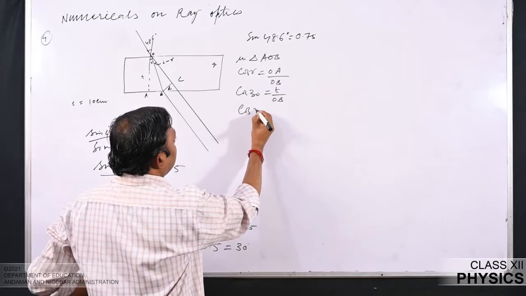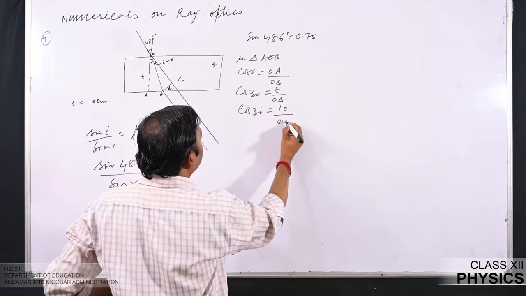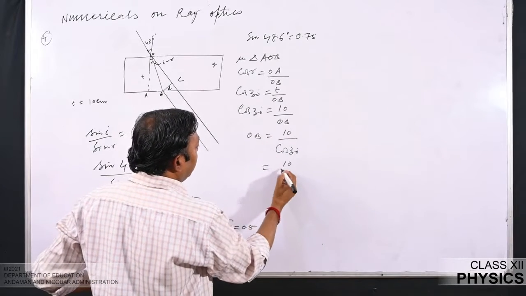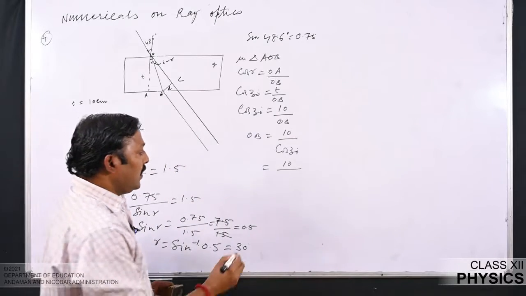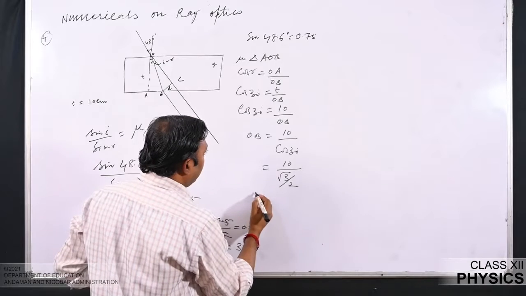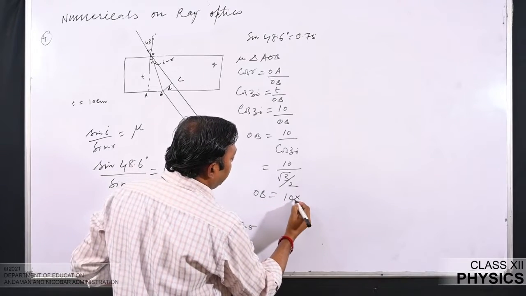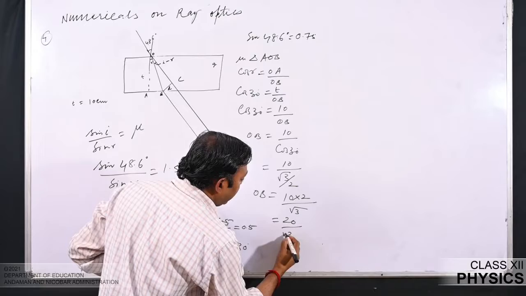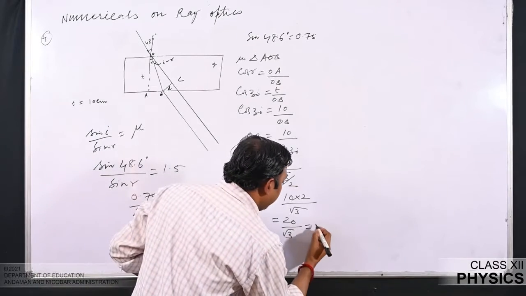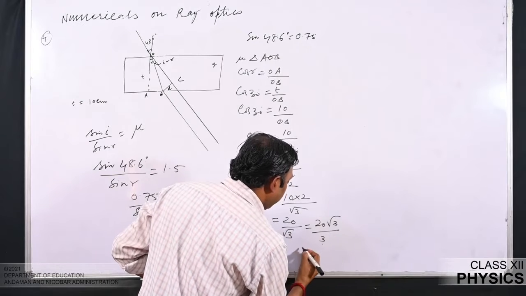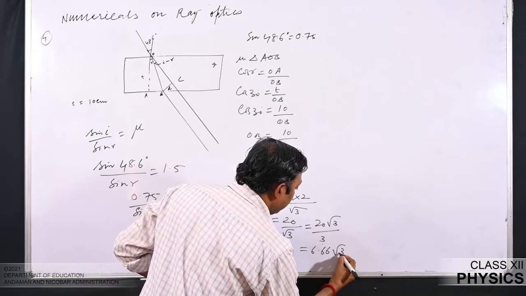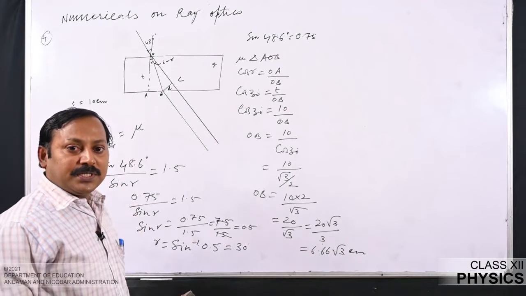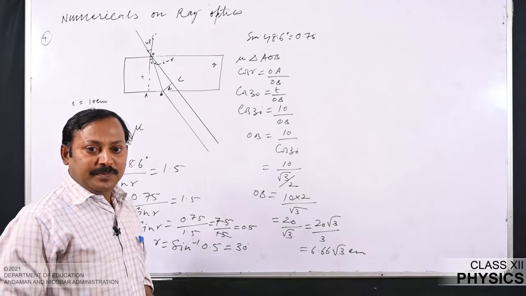So cos 30 degree is equal to 10 divided by OB, or OB is equal to 10 divided by cos 30 degree. We know the value of cos 30 degree is root 3 by 2. So OB is equal to 10 multiplied by 2 divided by root 3, which is 20 divided by root 3. After rationalization, it gives 20 root 3 divided by 3, which is 6.66 root 3 centimeter. So we got the hypotenuse as 6.66 root 3 centimeter.